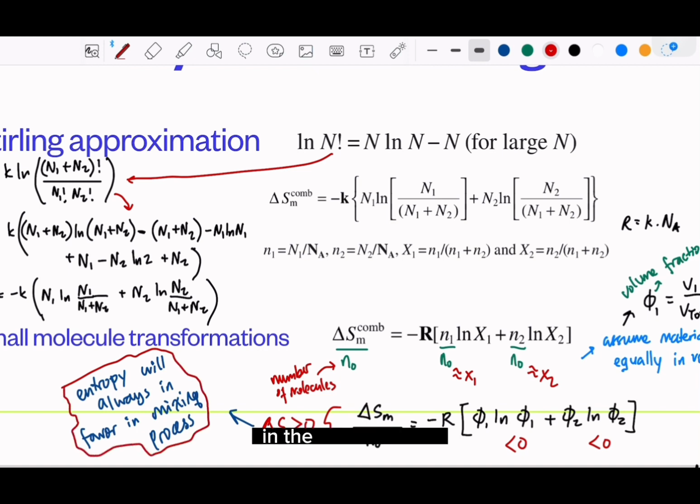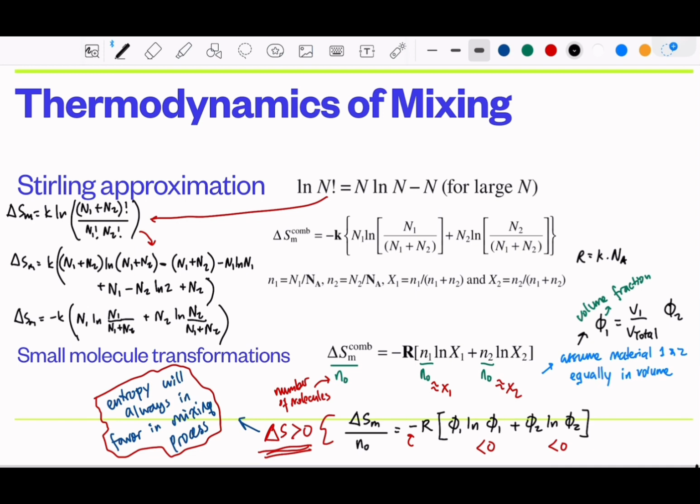Of course, in the exam, I would not ask about the derivation of the formula, but I would like to ask for some understanding of the concept.